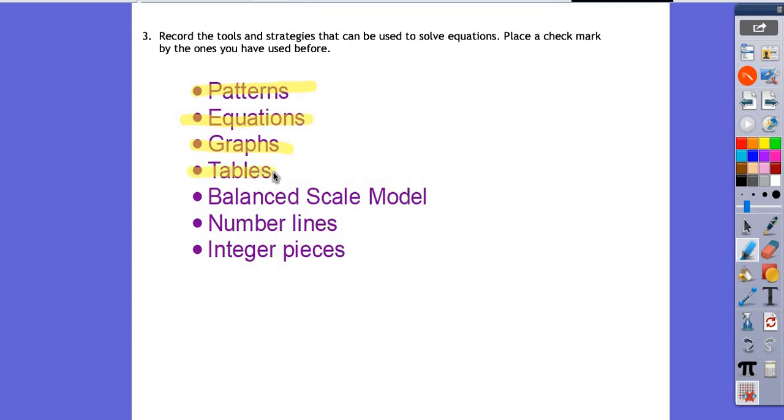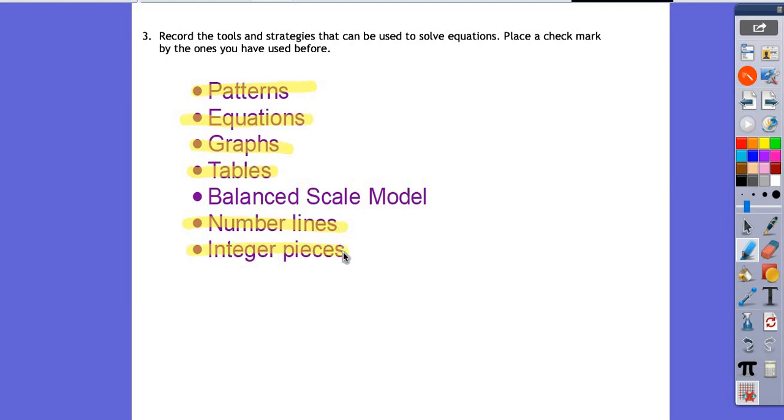Yes. Balanced scale model? Maybe once. I don't think I've shown it. No, because we don't know what that is. So we'll leave that unchecked. Number lines, have we used number lines? Yes. Integer pieces? Yes.